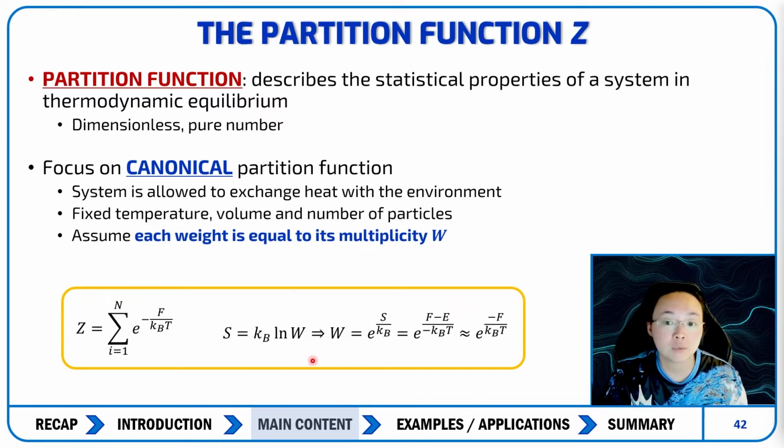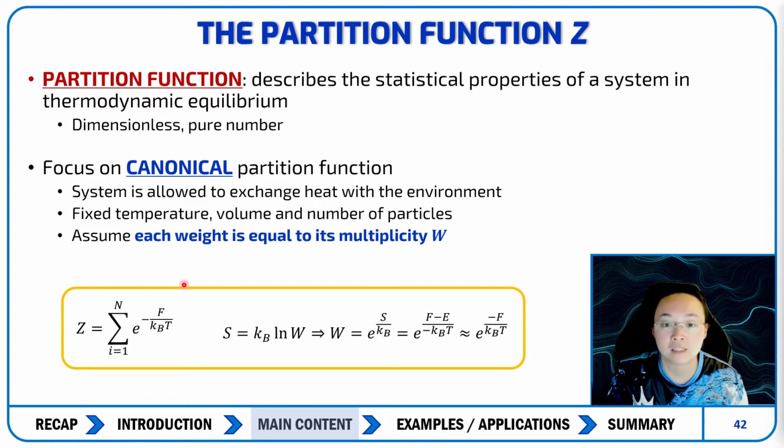So we can rewrite everything and solve for W to get W equals e to the power of S over kB. If we want to introduce temperature and rewrite entropy in another equation, then we have e to the power of F minus E over negative kBT, which we can simplify to e to the power of negative F over kBT.